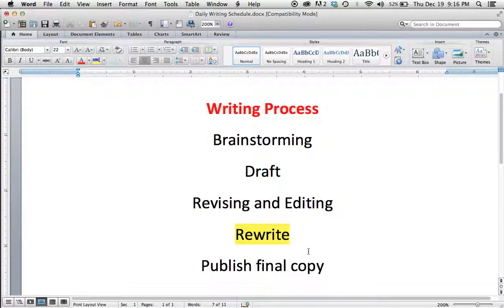And from there, once you rewrite, some may feel that you are ready to go to the published and final copy, but I would strongly suggest that you go back to the revising and editing step to get more feedback after your first, actually, it'd be your second rewrite.